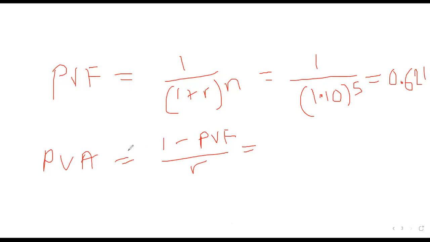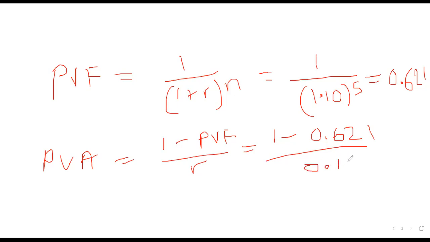To find the annuity factor, it's 1 minus the present value factor over the interest rate. 1 minus 0.621. The interest rate is 10%, so 0.1.